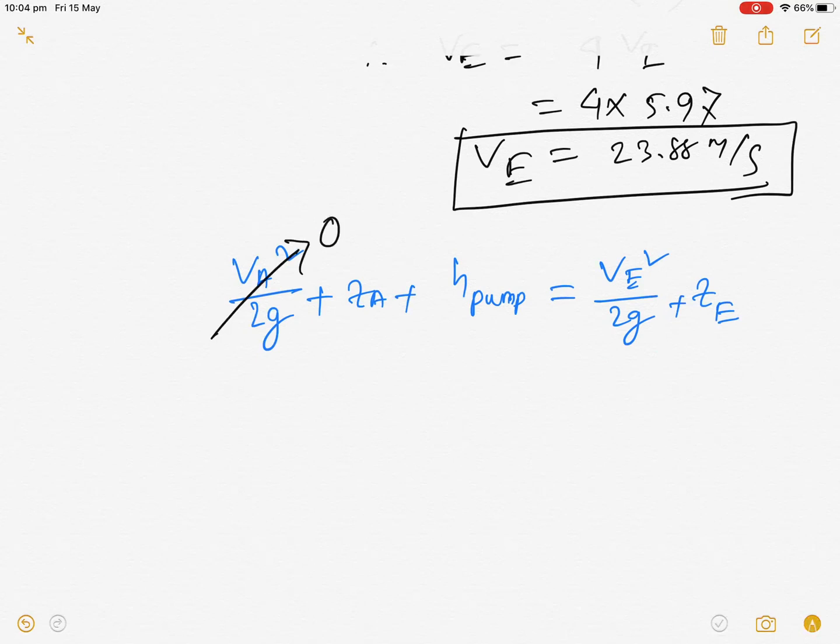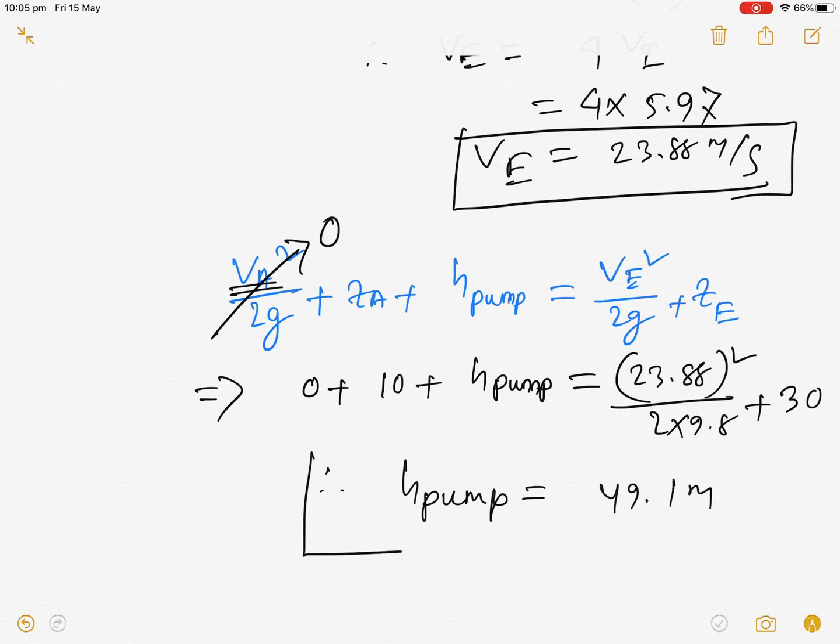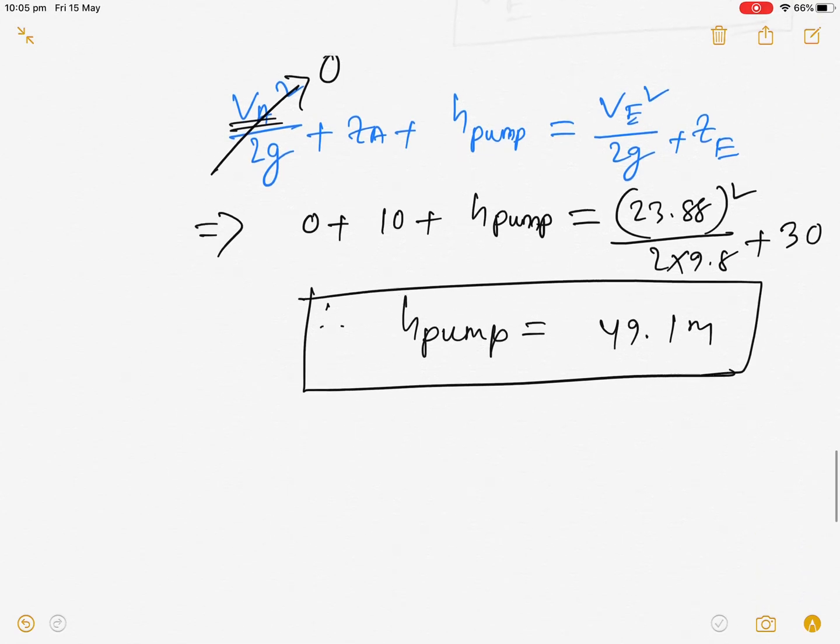Now we can make this term 0 because at the reservoir the velocity is 0. ZA, I think it is given as 10. The pump head, VE, the velocity we just calculated, 23.88 square over 2 times 9.8, plus ZE equal to 30. So if we solve for pump head, we get 49.1 meter. So this is actually the pump head.